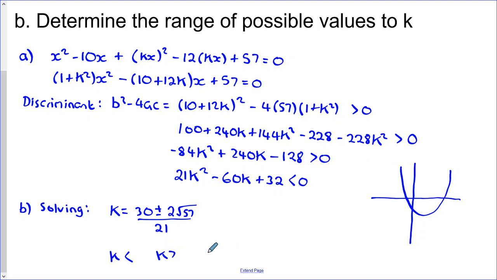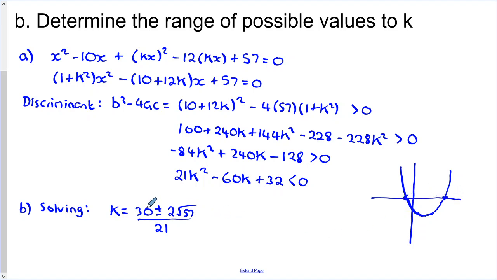Or am I after k being between two things? And remember, the graph tells us which of those we wish, and it's determined by whether this quadratic we started with is less than 0 or greater than 0. So because this one's less than 0, it's this part of the graph we are interested in. So we're interested when it is between the two solutions that we found.